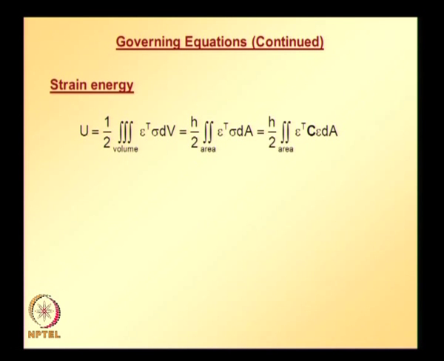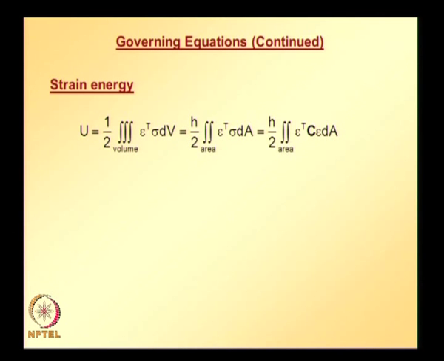Strain energy is given by this: half integral over the entire volume of the structure or particular object that we are looking at, epsilon transpose sigma, which we need to integrate over the entire volume. If the thickness of that particular component is constant, we can pull the thickness out, h is the thickness here.